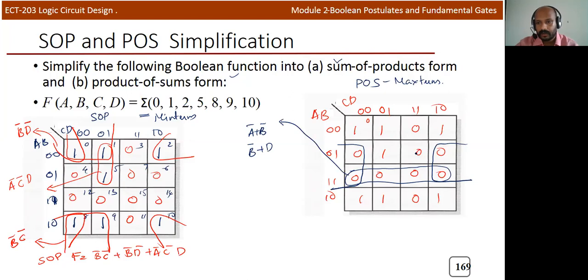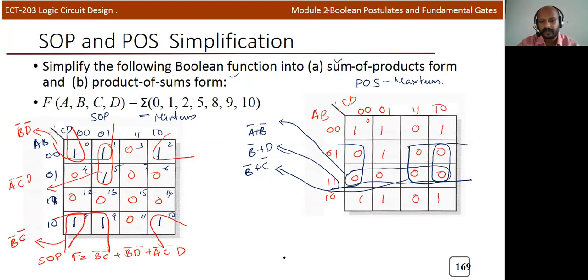Now there is one more zero we need to group, so we can consider another 4 zero group. This is indicated here, and now we need to write another group, and again the common term is B, so we'll write B bar here. Then for the last two columns, one is common, so instead of one, which is represented by C, we'll write C bar.